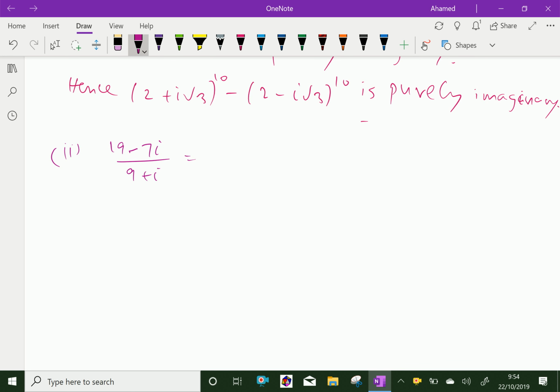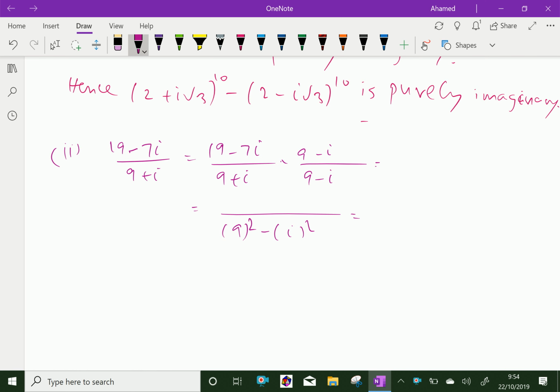We'll multiply by the conjugate: (19 − 7i)/(9 + i) into (9 − i)/(9 − i), which gives the denominator 9 squared minus i squared.